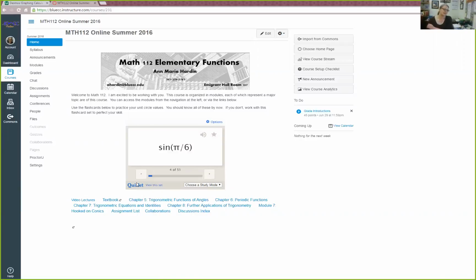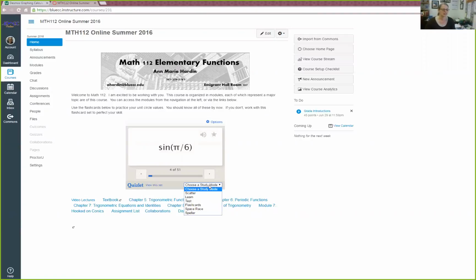There is an app, if any of you would like me to set up a classroom so you can download the Quizlet app and have these on your phone or some way that is not your computer, just let me know. I don't have it set up. But what is the sine of pi over 6? Yes, it is 1/2.